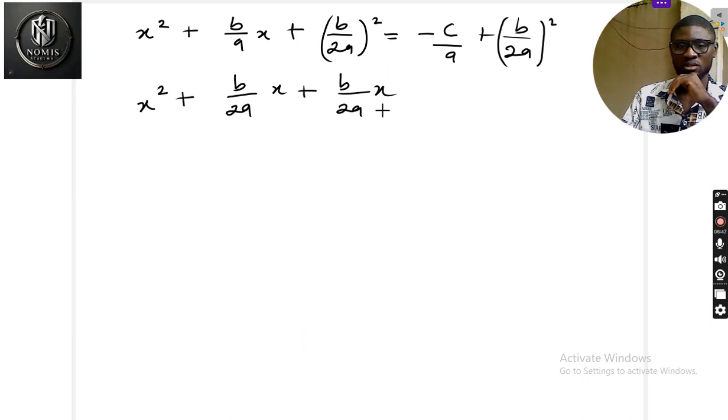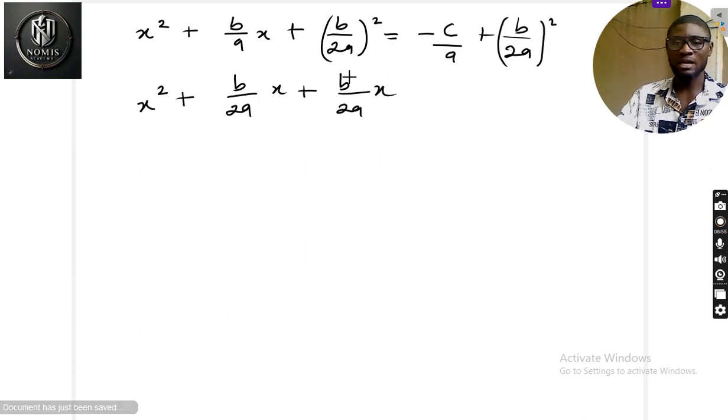Do you understand it? Okay, let me explain. This particular part is equal to this. We just expanded it. Why? Because we want to factorize something similar to what we have here. That is why we have to expand this b all over a x to be in the form of b all over 2a x plus b all over 2a x.